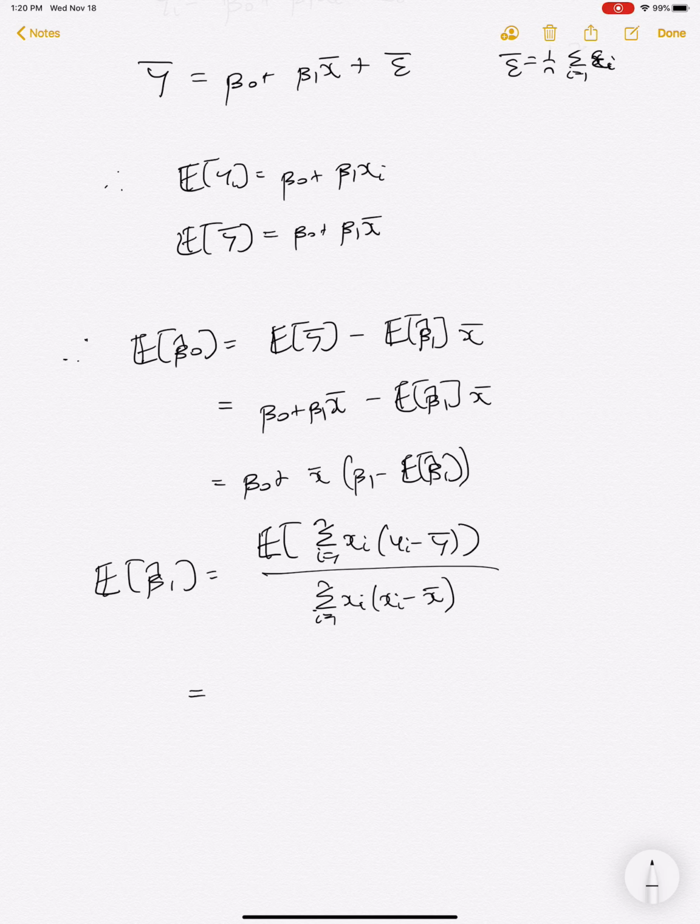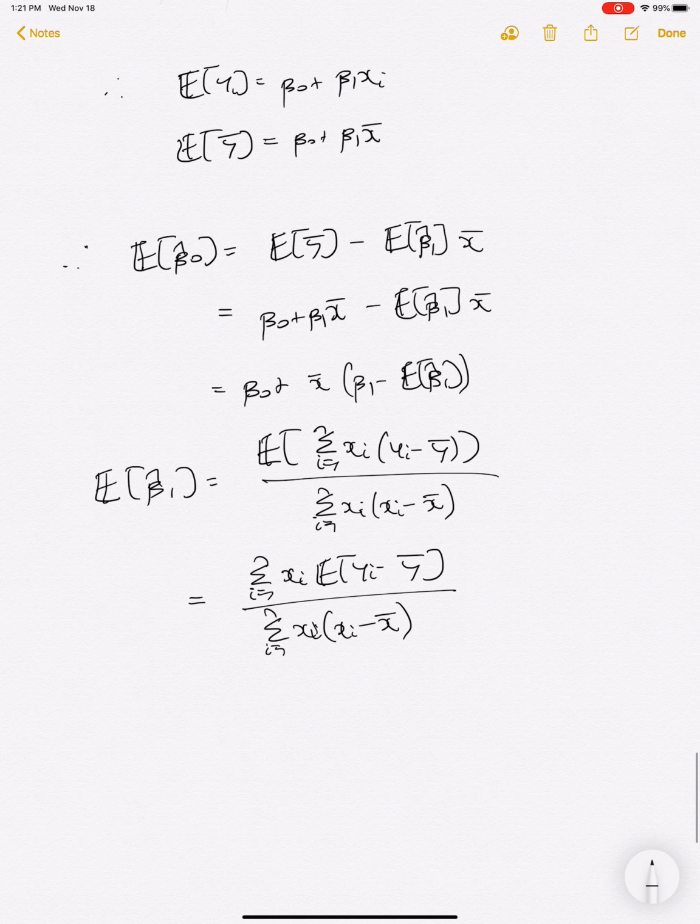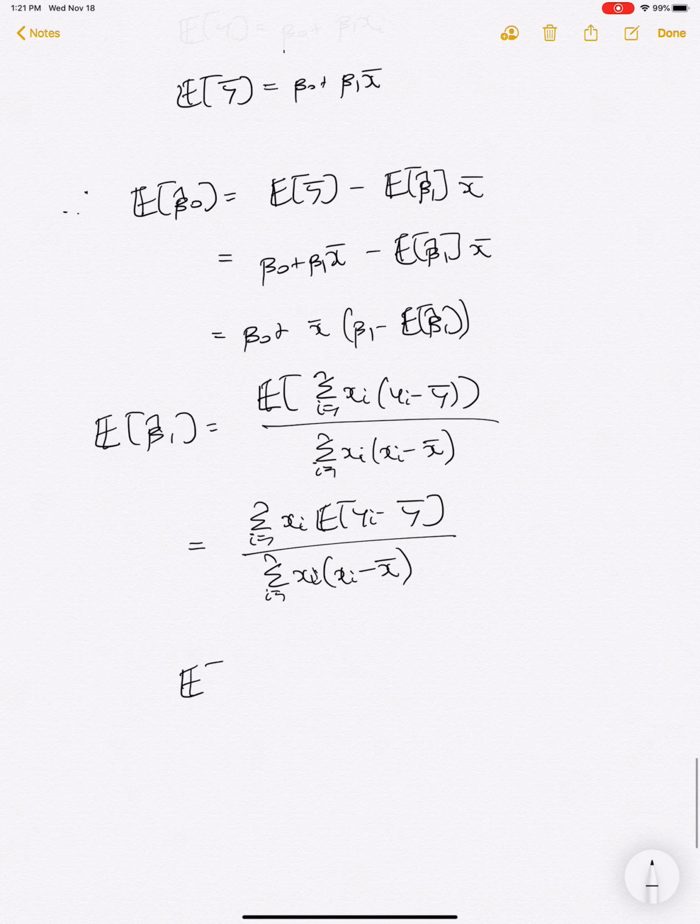And so this is equal to the sum involving yi minus y bar, and so we get that the expectation of yi minus y bar, according to what we have, is just the expectation of yi minus the expectation of y bar.